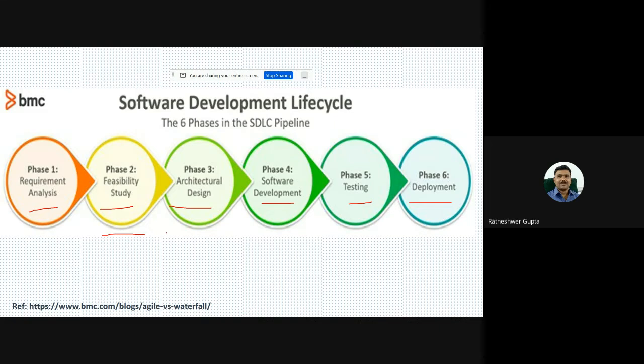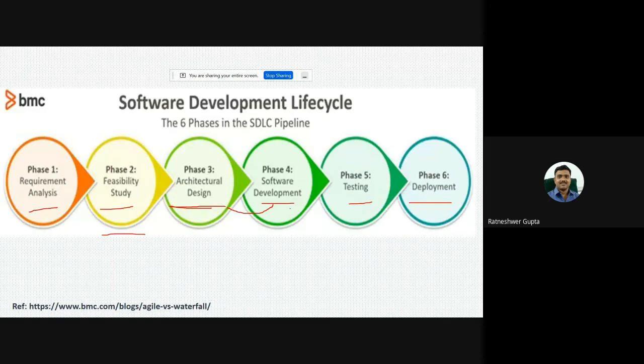Then we come to the architecture design. Once the feasibility study is over, we design the architecture of the particular software, which we will discuss later. Once the architecture is complete, we go for the software development phase, where we develop that software.